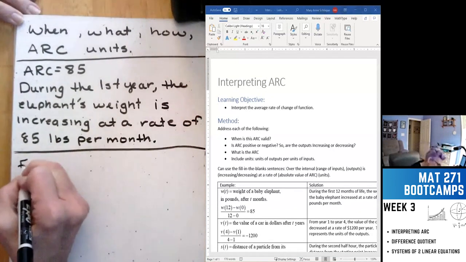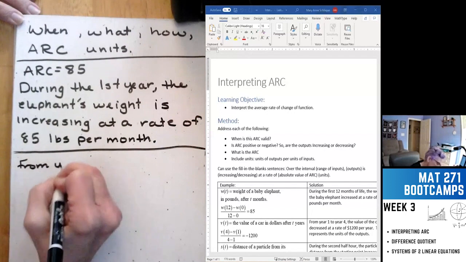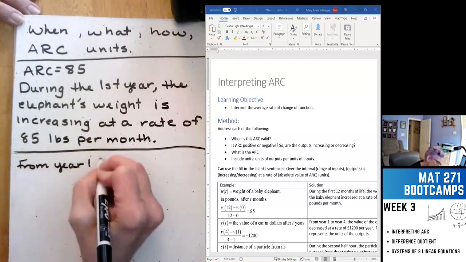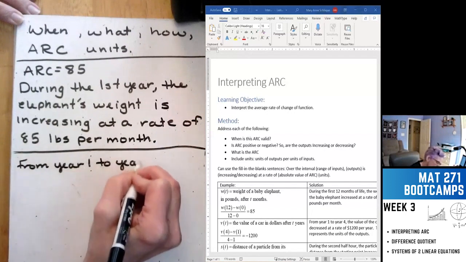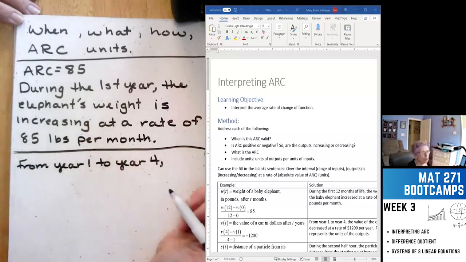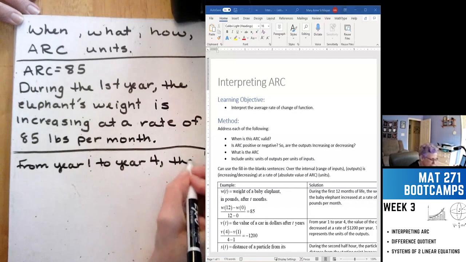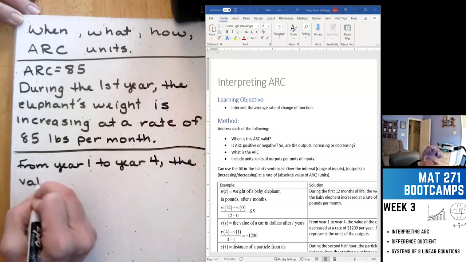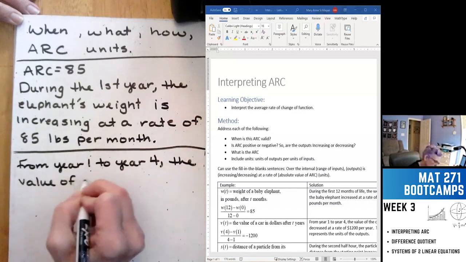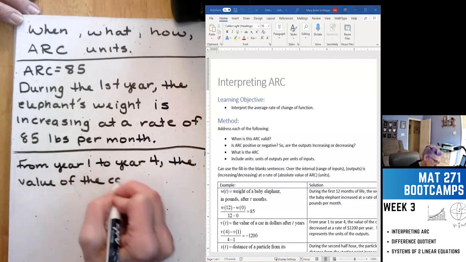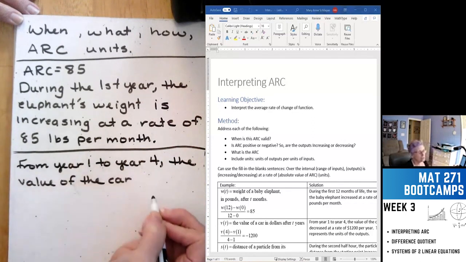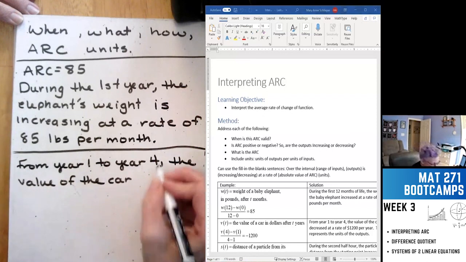So from year 1 to year 4, what is changing? The value of the car. Is it increasing or decreasing? How is it changing? It's decreasing.